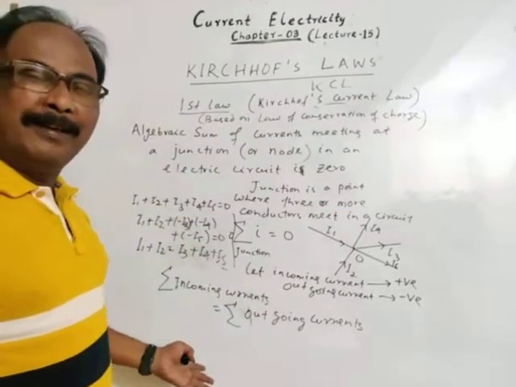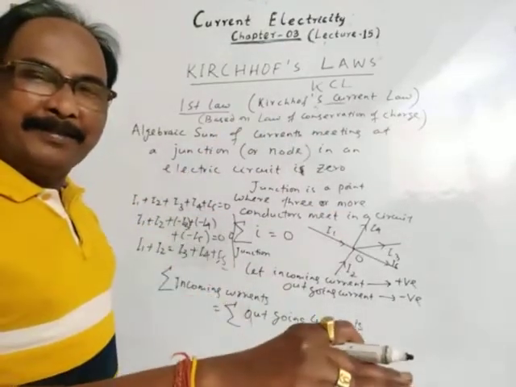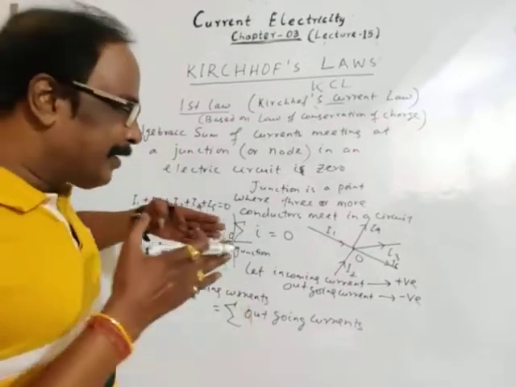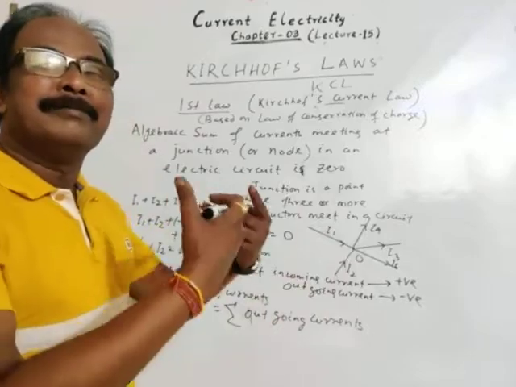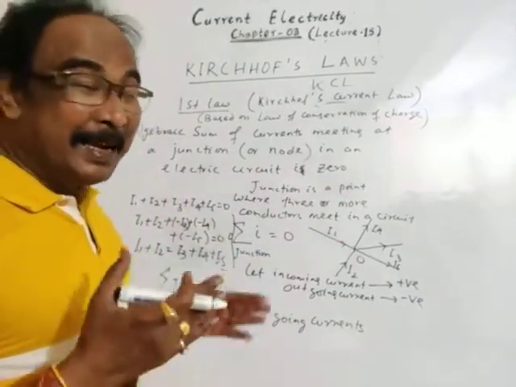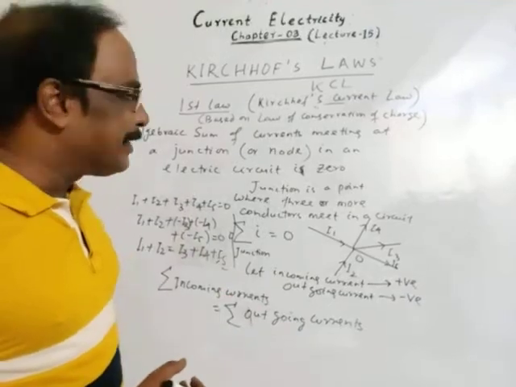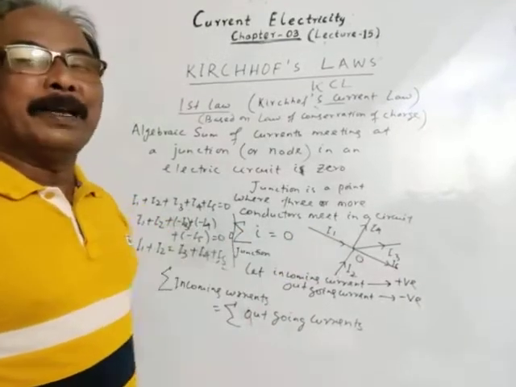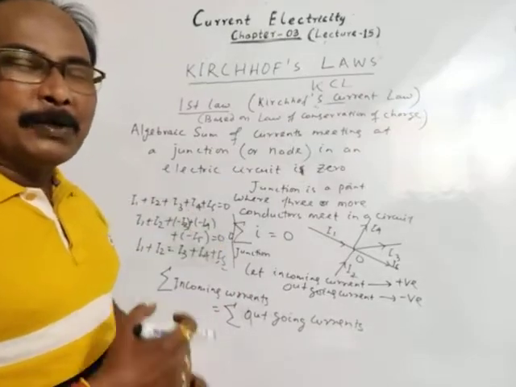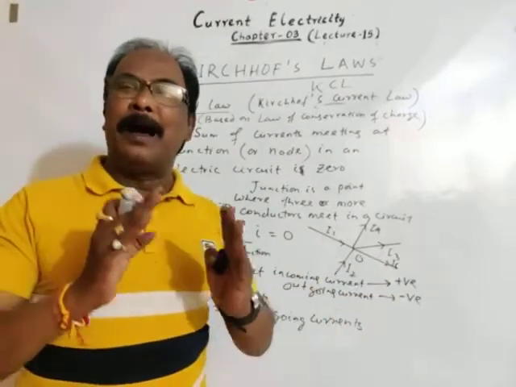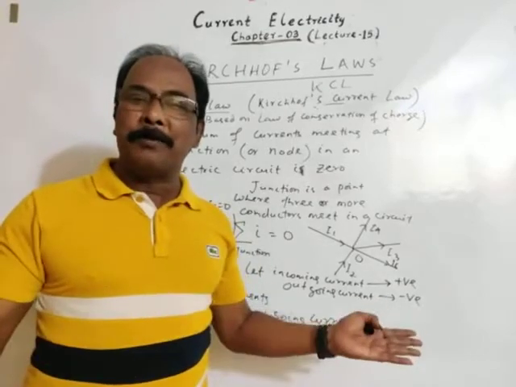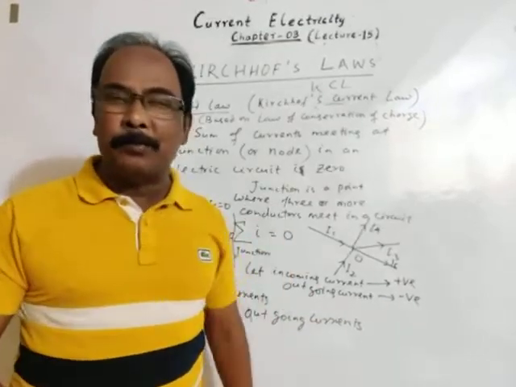Charge is neither created nor destroyed; it can only be transferred. Whatever charge comes to a junction, incoming charge is equal to outgoing charge. There is no accumulation of charge at any junction in the electric circuit. So Kirchhoff's first law gives the idea about the law of conservation of charge. This is all about Kirchhoff's first law.